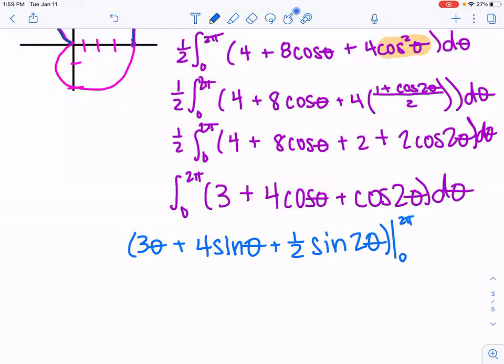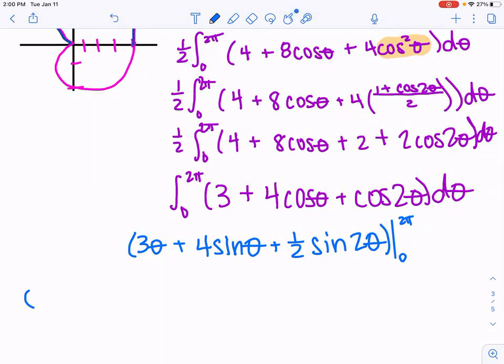Excellent. Okay. So now we get to evaluate this from 0 to 2 pi. We get to. Actually, I'm sort of excited because I see sines in there, and I know that the sine of 0 and 2 pi are pretty nice.